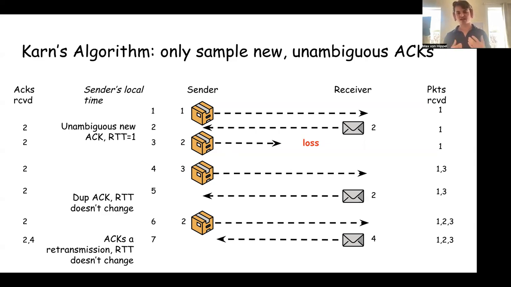Sorry, the other way around: the last one is ambiguous, but not a duplicate. So the rule is we will only compute RTTs if we get an unambiguous, non-duplicate ACK. So the second ACK doesn't count because it's a duplicate. The third ACK doesn't count because it's ambiguous.